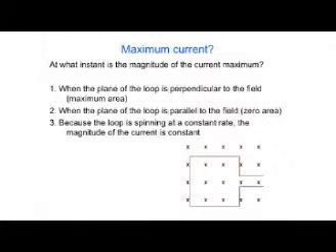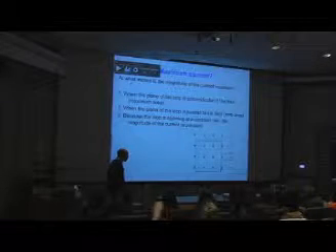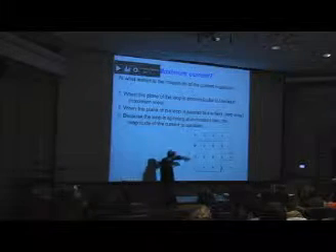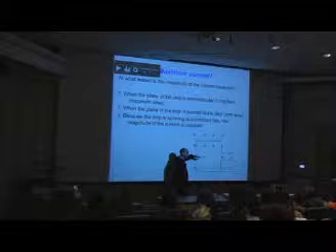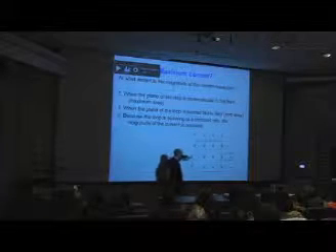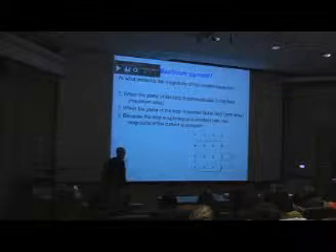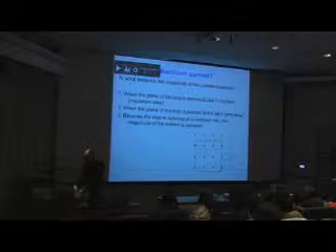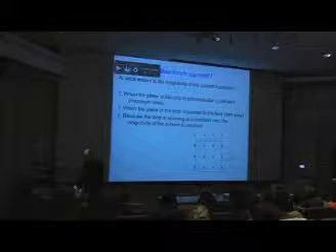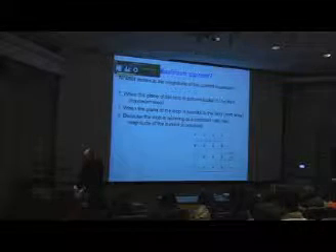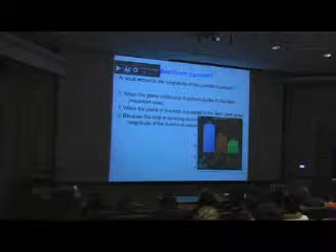So the plane of the loop is perpendicular to the field. That's as shown here. Plane of the loop is parallel to the field. Then the loop will have rotated from this orientation to this orientation. Okay, it would just look like a line to you. And then there's an answer 3 as well. Okay, so see what you like from those answers.